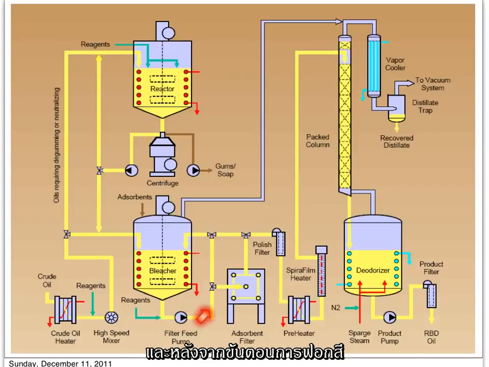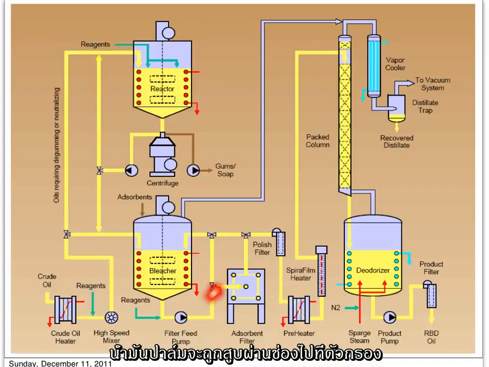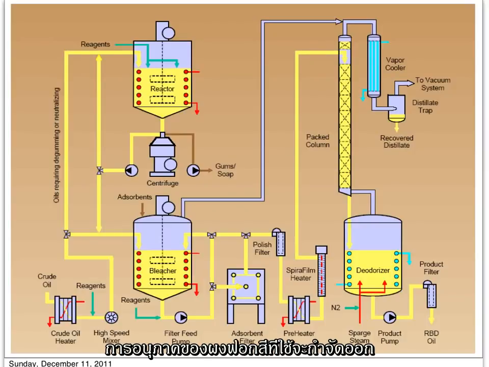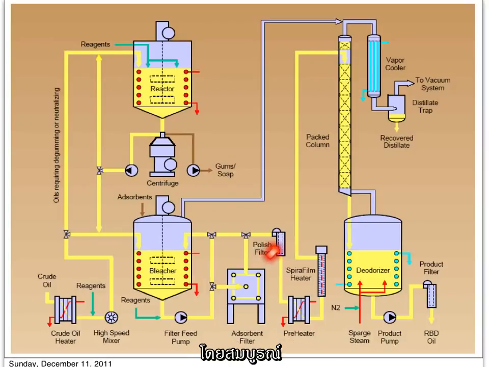And after the bleaching, the oil will be pumped through a series of filters to separate the oil from the adsorbent material, and perhaps some polishing step to ensure the spent bleaching earth particles are removed completely.